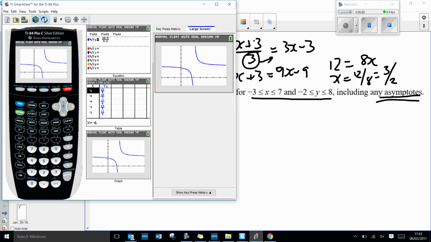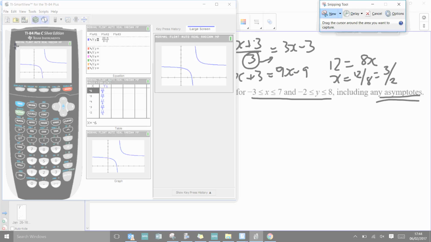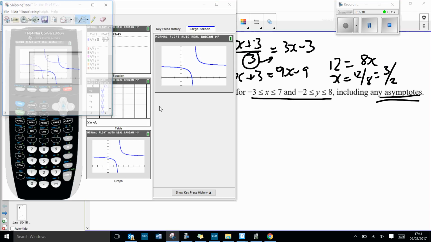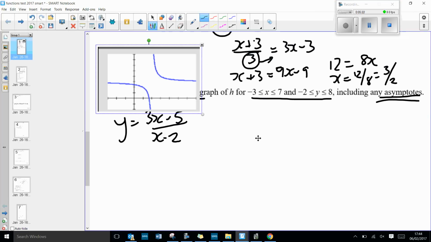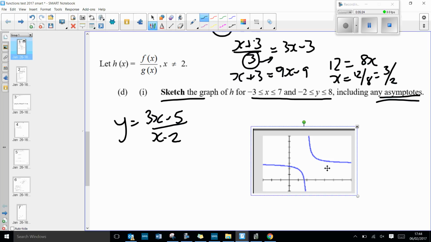I guess I should copy this. I'm just going to snip it, just to save a little bit of time.